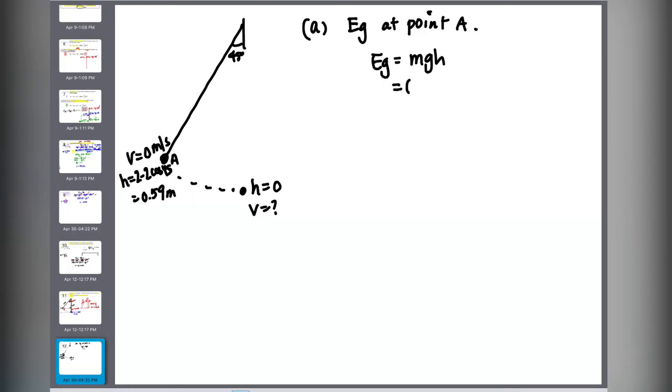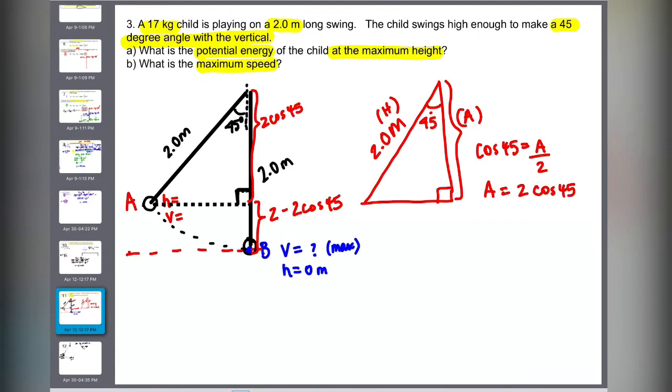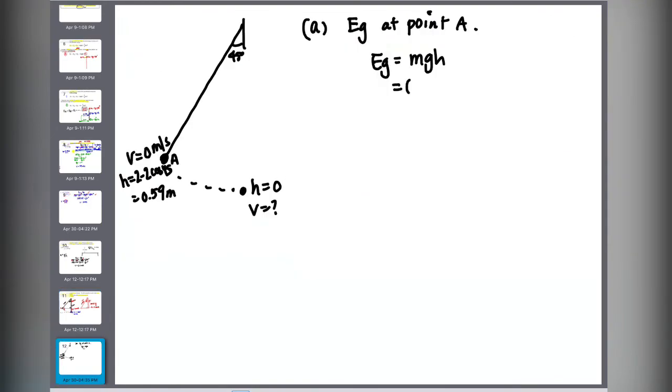So m is 17 kilograms, so 17 times 9.8 times 0.59, so 2 minus 2 cos theta. 97.59. So the gravitational potential energy at this point is 98 joules.